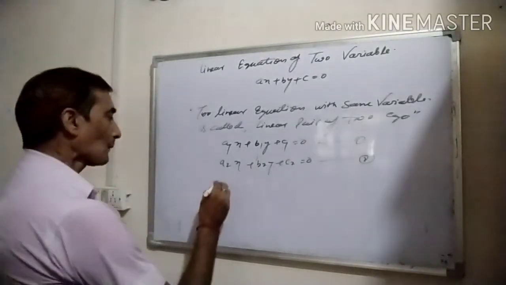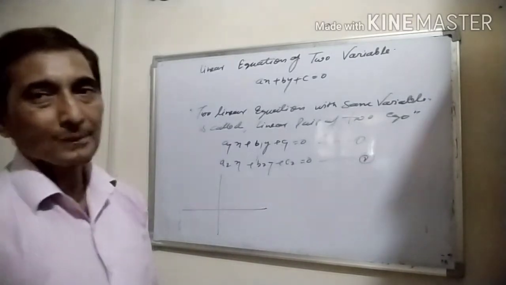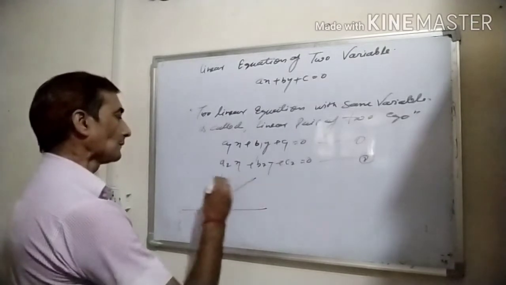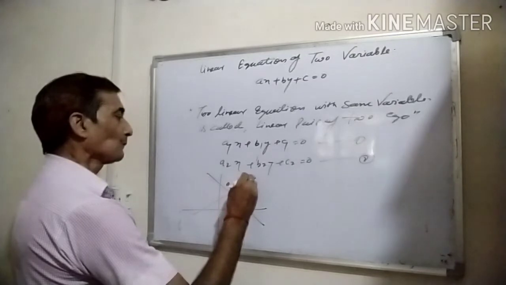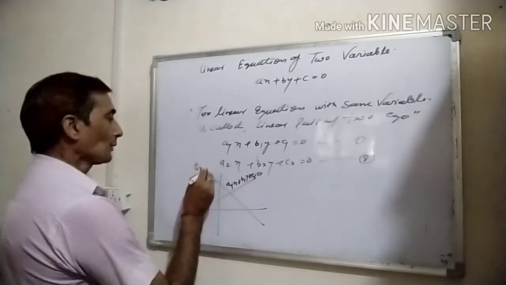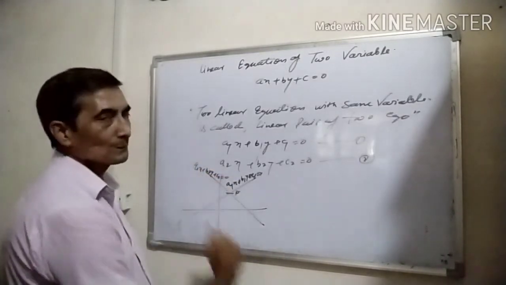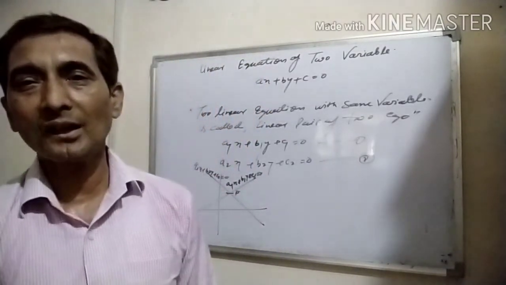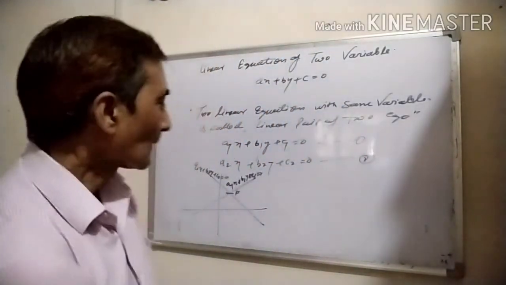First is their graphical representation, that means the straight lines intersect with each other. a1x plus b1y plus c1 equal to 0, a2x plus b2y plus c2 equal to 0. They intersect at a point P. In this condition, the linear pair has a unique solution, one and only one solution.